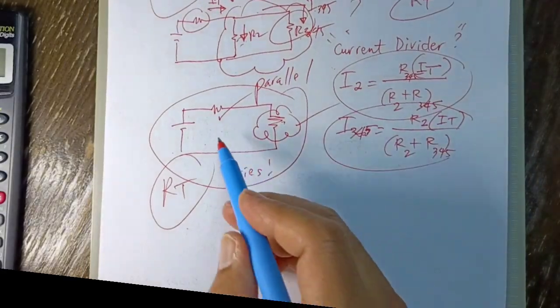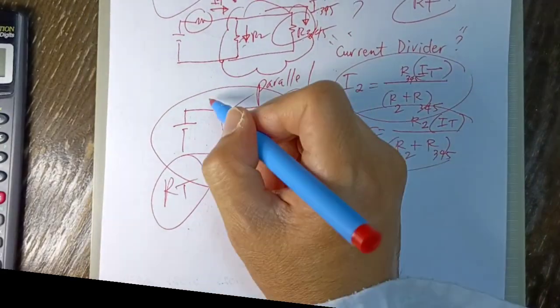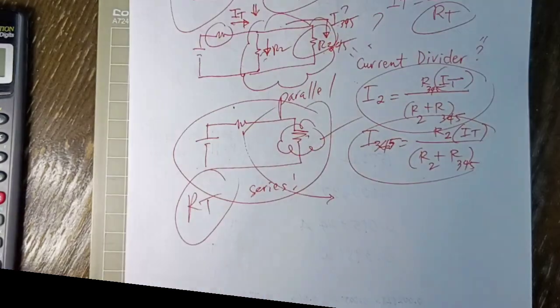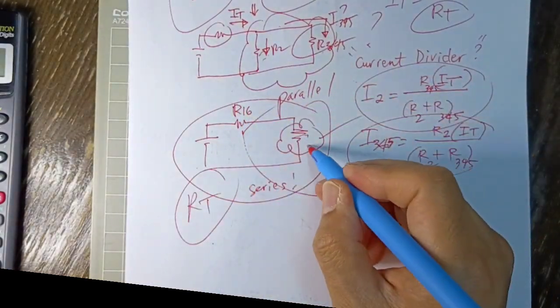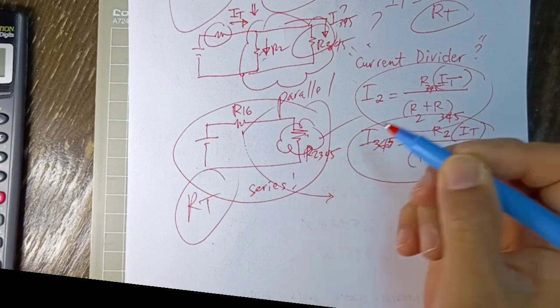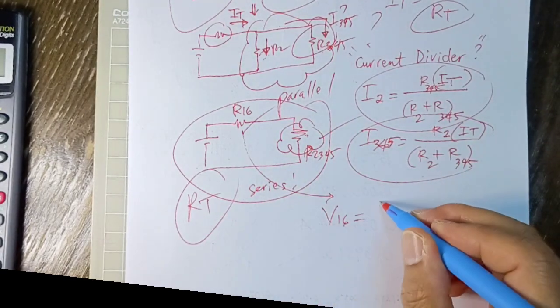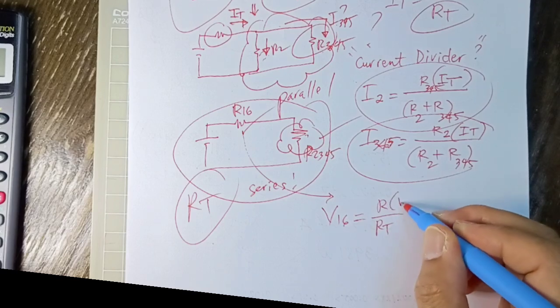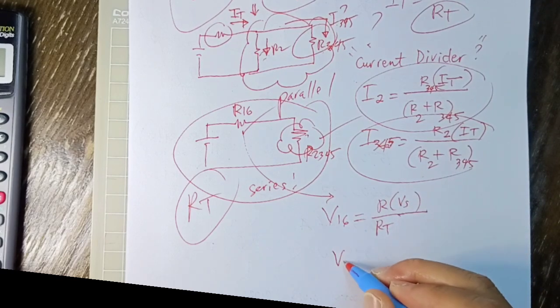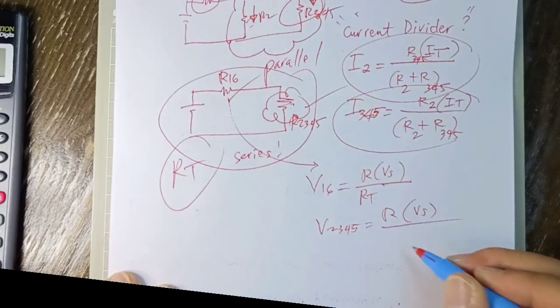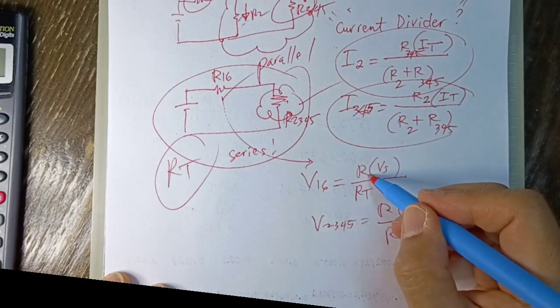Now, for the voltage divider here, this is actually R1 and R6, right? So this is R16, and this is R2, 3, 4, 5. Now, this is series. Therefore, if I want V16, that will be equal to R over R total multiplied by Vs. And then V2, 3, 4, 5 is equal to R multiplied by Vs over R total also.